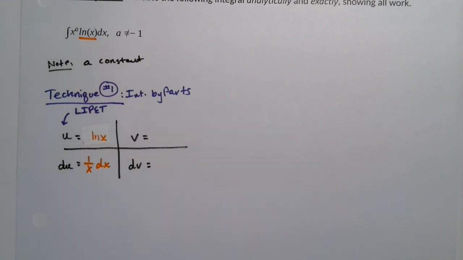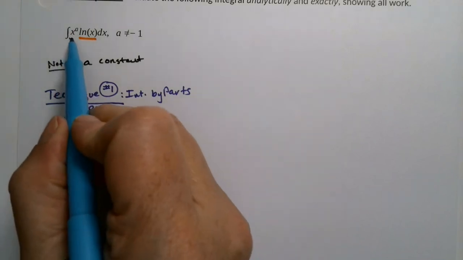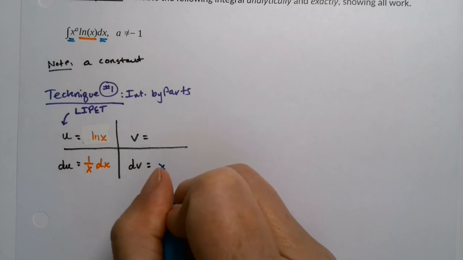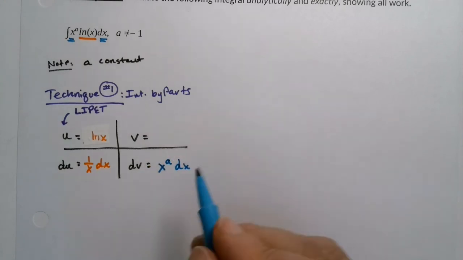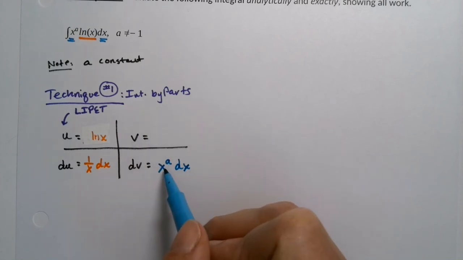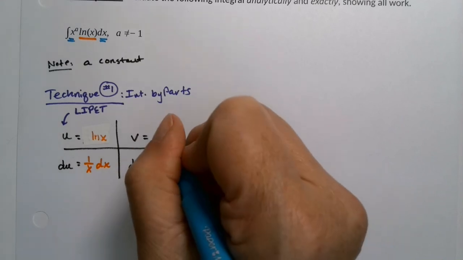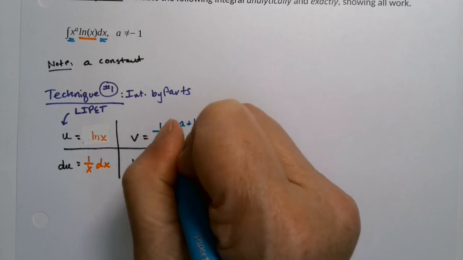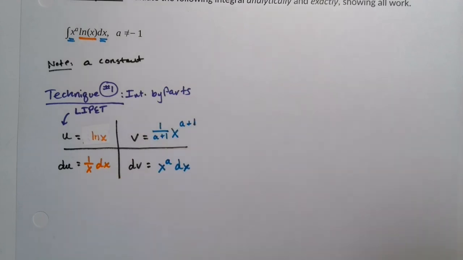Now dv would be x to the a dx, and v would be the integral of that. Well, remember a is a constant, so you just use the power property for integration. So you say x to the a plus 1, and then you multiply by the reciprocal of that new power.